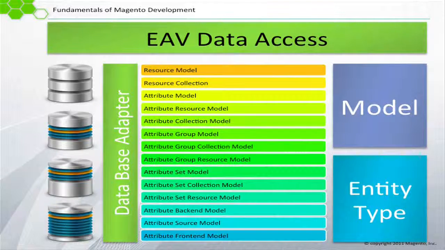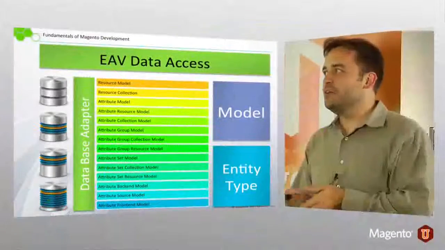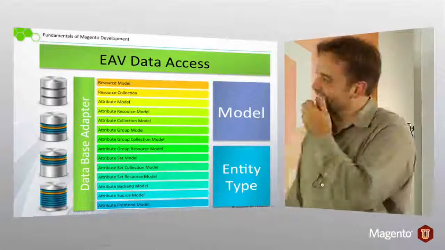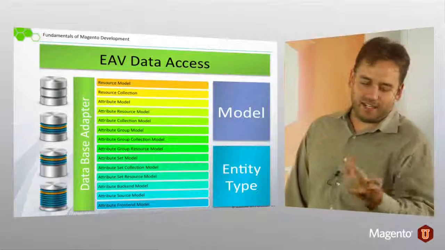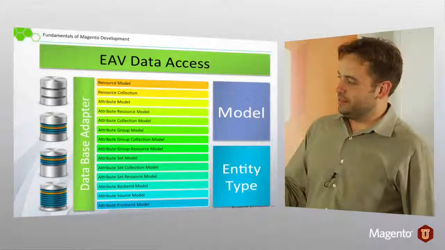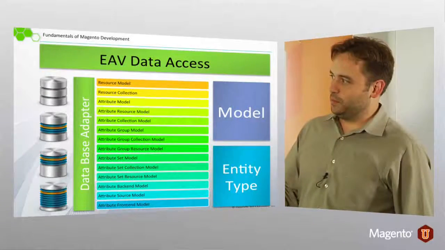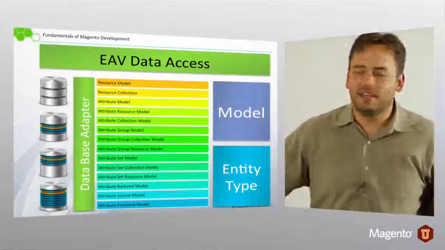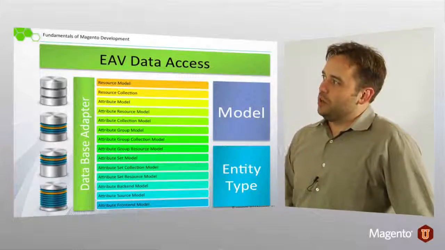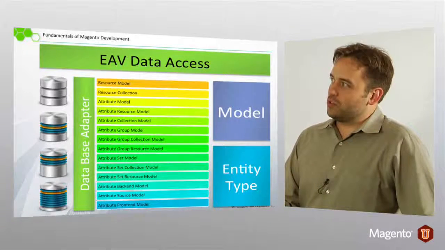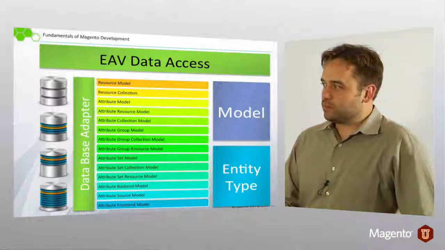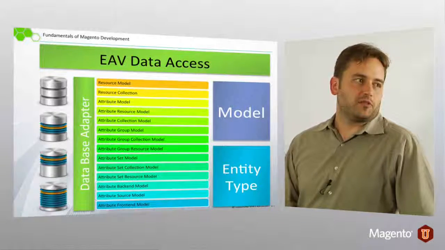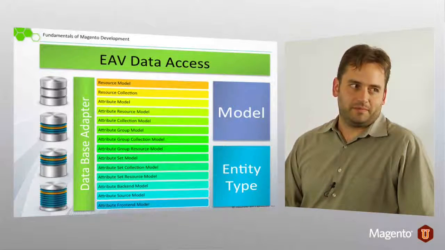So it's pretty colorful in here, isn't it? The nice thing is that we don't really have to do much with this. Pretty much we deal with resource models and collections, and we deal with the back-end, source, and front-end models of the attributes. That's the nice thing.